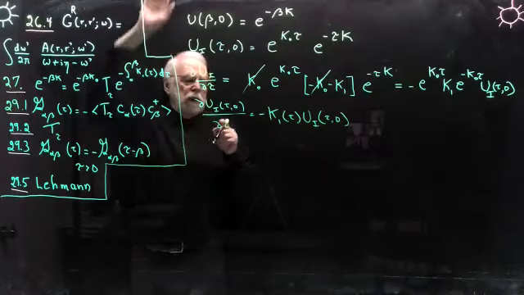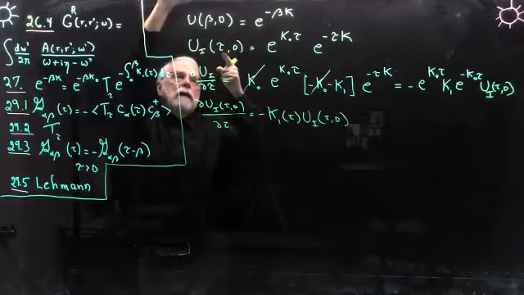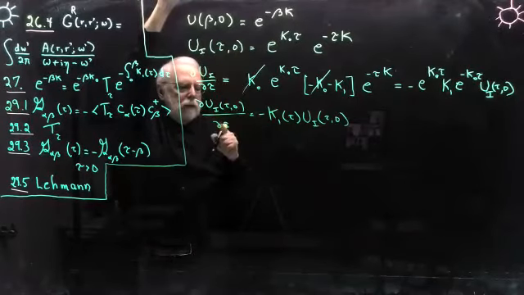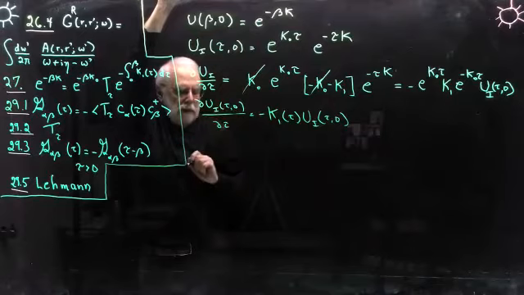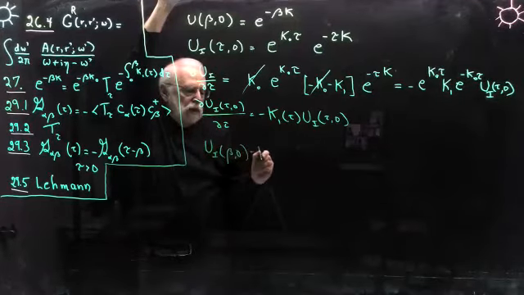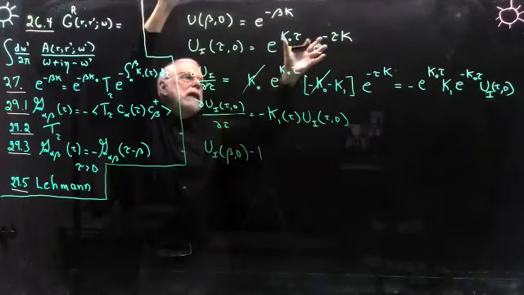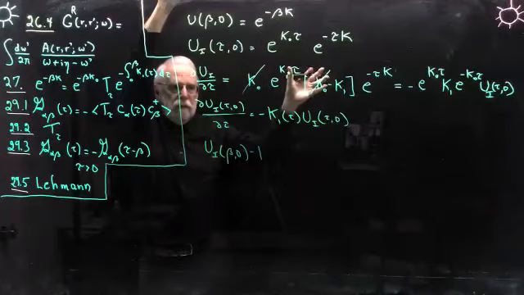So what is the solution of this? So we want UI at beta. So it means that I will integrate this from 0 to beta. So that will give me UI of beta minus 1, because at tau equals 0, this is 1.